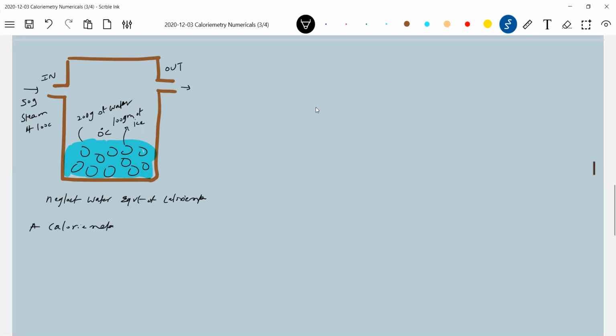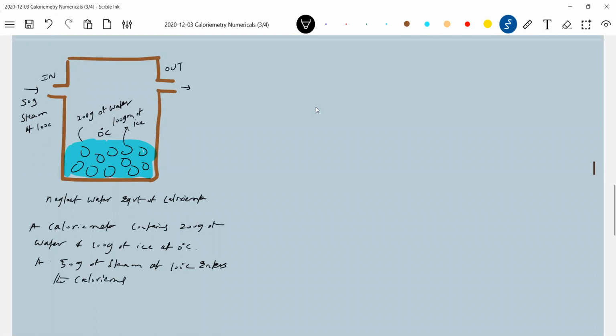Okay, workout problem. I'll add a question. A calorimeter contains 200 gram of water and 100 gram of ice at 0 degrees Celsius. 50 gram of steam at 100 degrees Celsius enters the calorimeter.